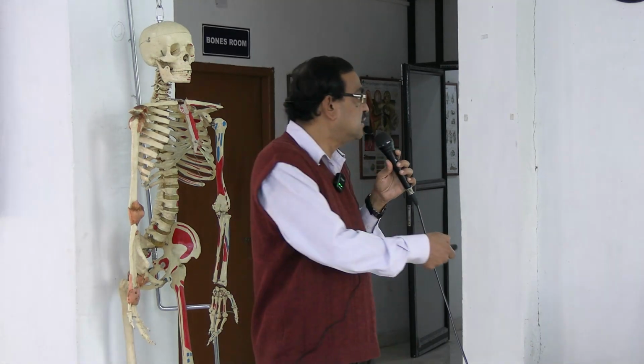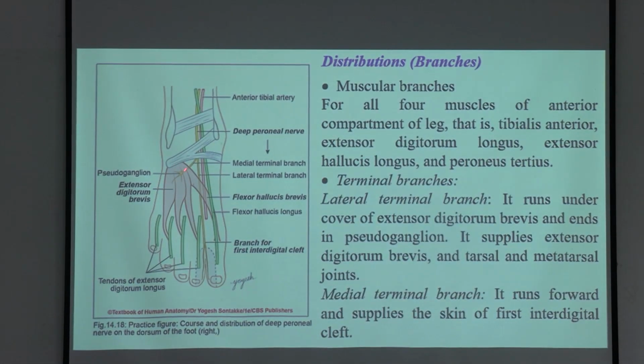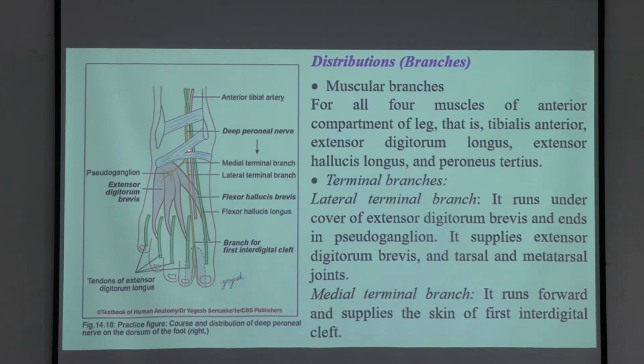Here we can find this pseudoganglia in the deep peroneal nerve. Okay, so deep peroneal nerve also supplies this extensor digitorum brevis, and ultimately this medial component it supplies this first and second web space.